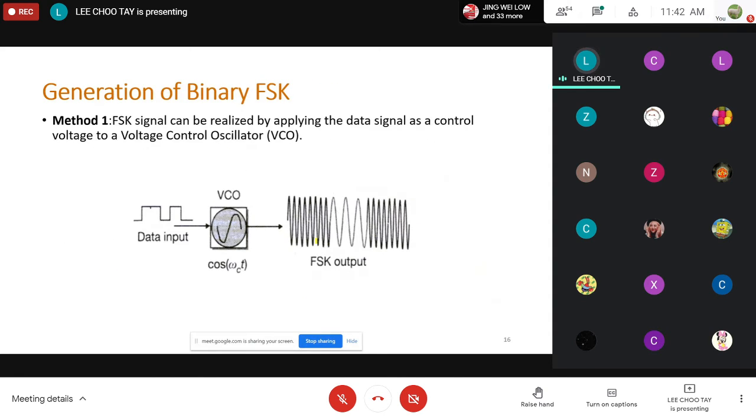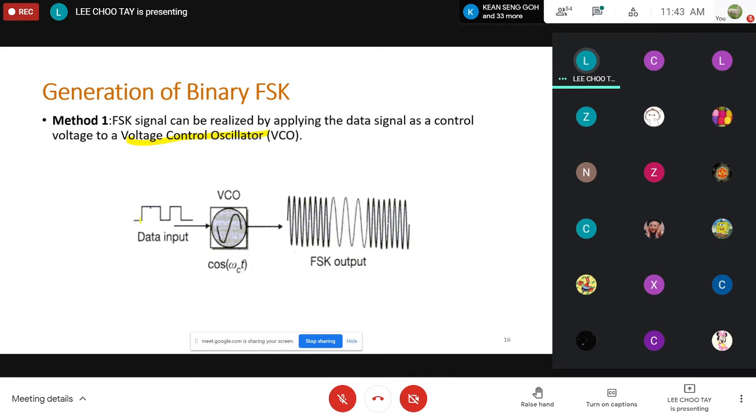Okay, generation of FSK. Method number 1, we can straight away make use of the voltage control oscillator. All right, so again, we have our signal data input, which is 1s and 0s. Again, 0 we normally represent with a lower amplitude. So in this case, you can again use the non-return to 0 OOK line coding.